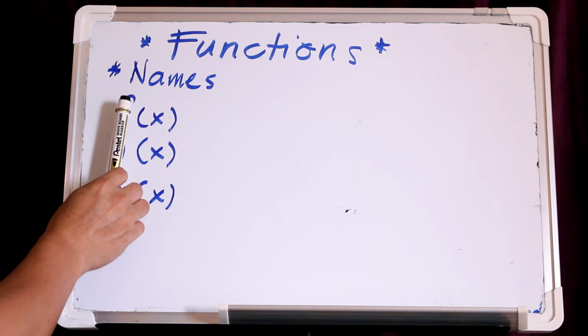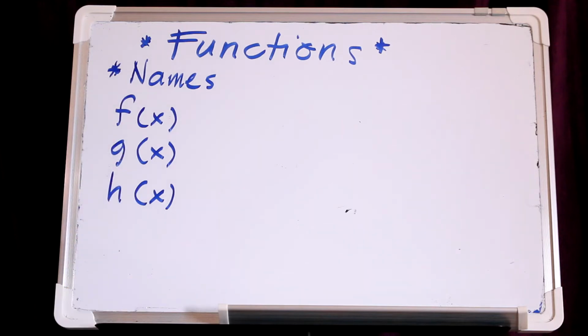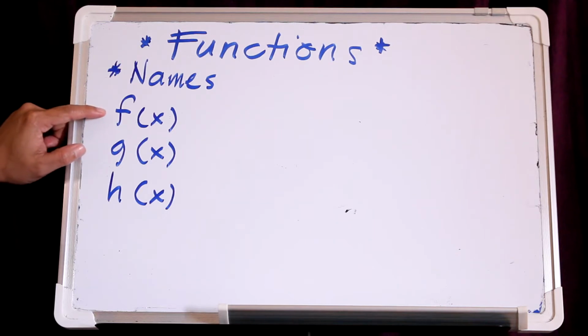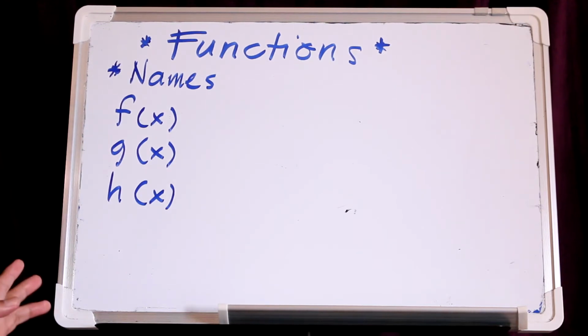Why do we need the f, the g, and the h? See, functions can be inverse. It can also be composite. So when you say composite, that means you are going to combine the f function with the g. So it becomes f(g(x)), which we will discuss later on. So these are the names of functions.